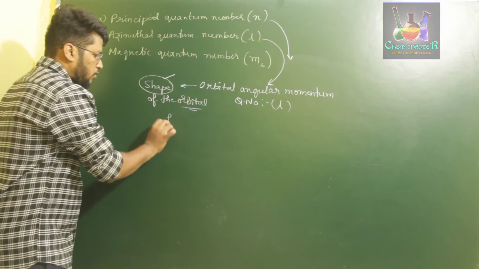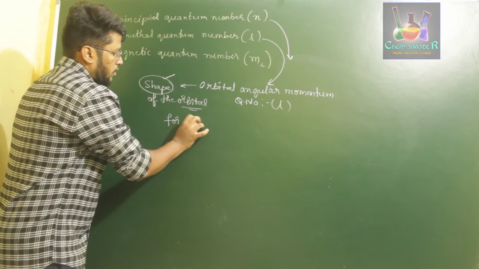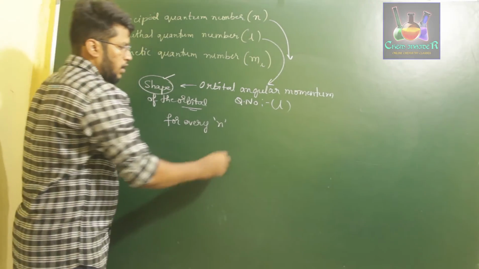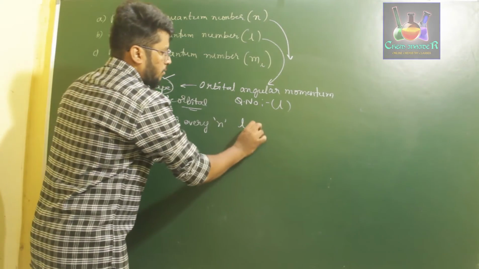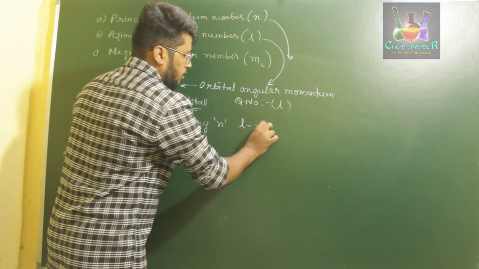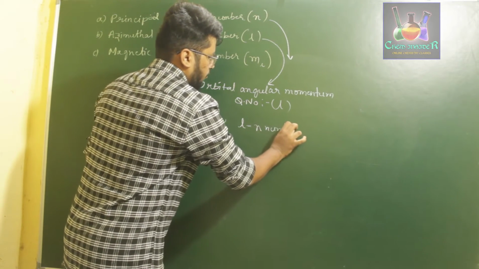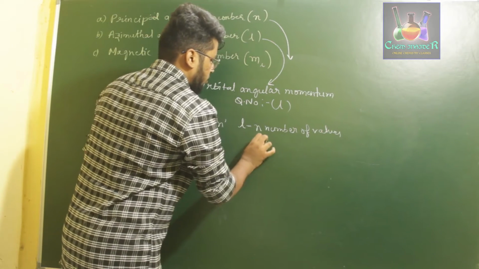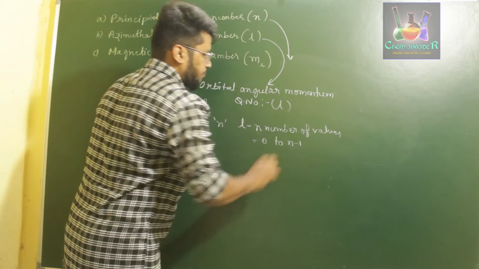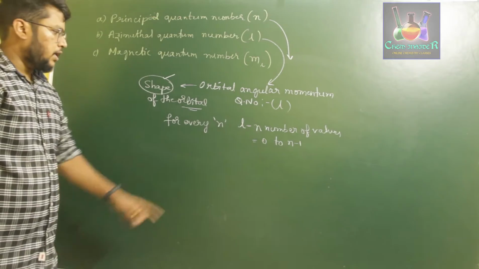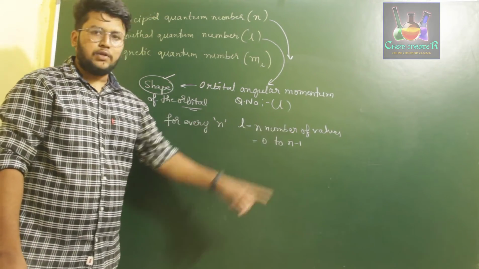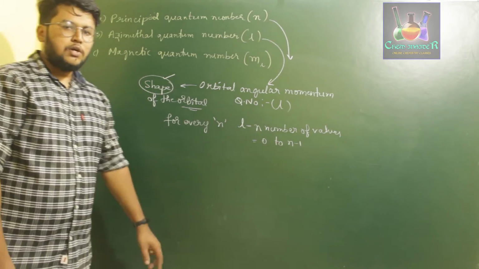That is, for every n value, L can have n number of values, starting from 0 to n minus 1. Let us understand this.